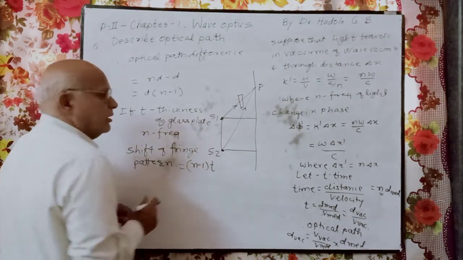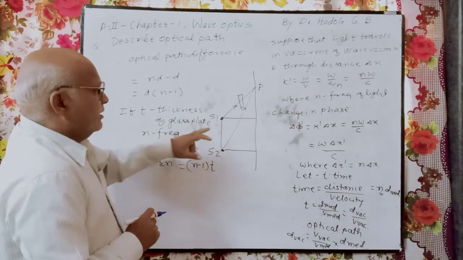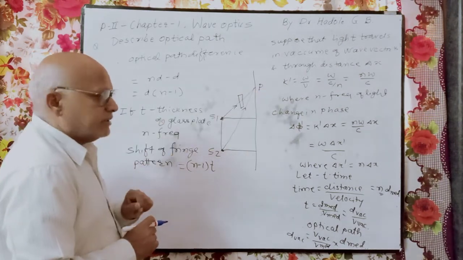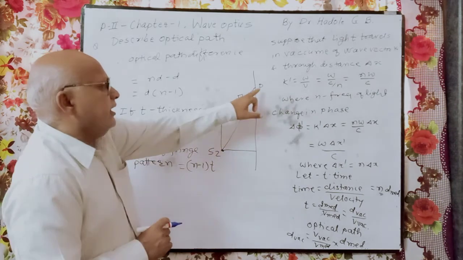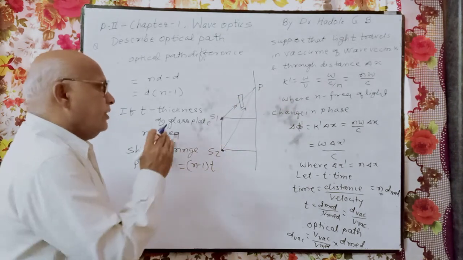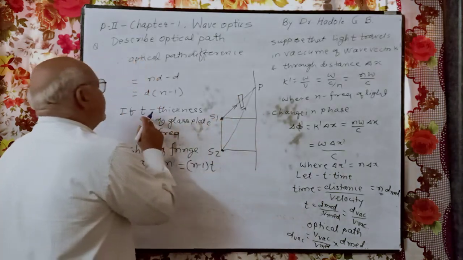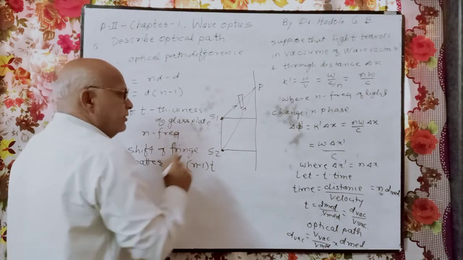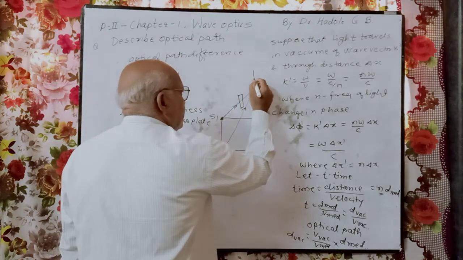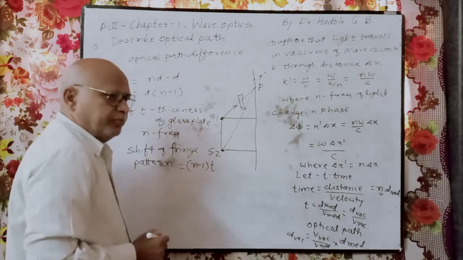Now I am going to explain this. See here, this is S1P distance, or this is the ray which is traveling along S1P distance. Now in this part, suppose a glass plate of thickness t is placed. Then what will happen? This fringe pattern will be shifted to a certain point P dash.